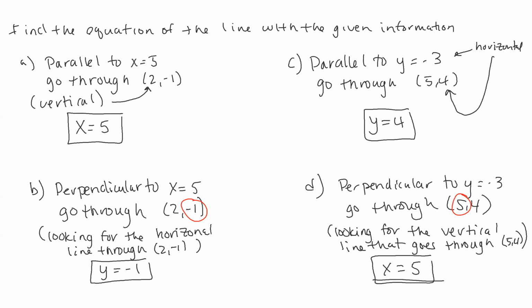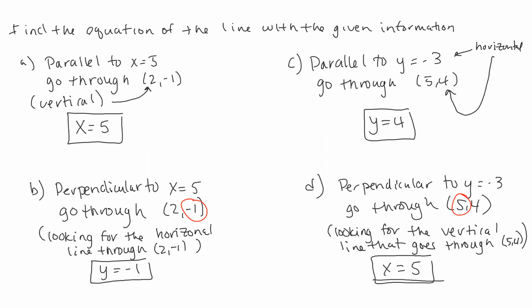So like I've said in previous videos, with horizontal and vertical lines, it's not that there's hard work involved. You almost never have to do much in the way of calculating, but you have to have a really firm understanding of what a horizontal line is, and why vertical lines have the x and horizontal lines have the y's. You need to understand their slopes, their intercepts, how they graph, what a table of values would look like.